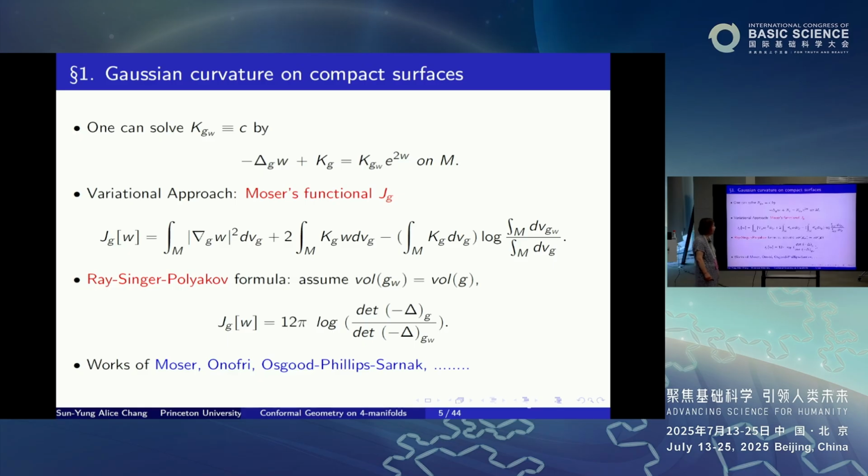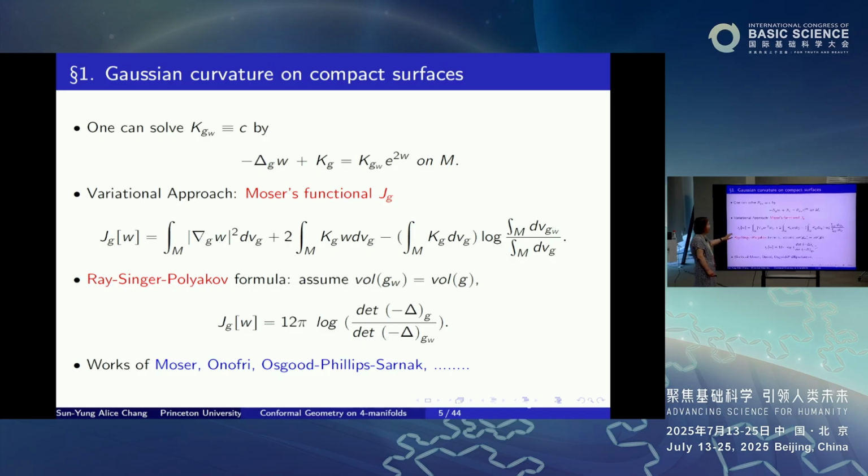From the PDE point of view, if we change g to g_w, we are talking about a PDE which has this nonlinear term exponential 2w, and that is prescribing the Gaussian curvature K of g_w, with w and the original metric g.